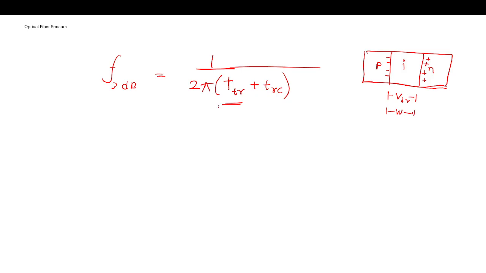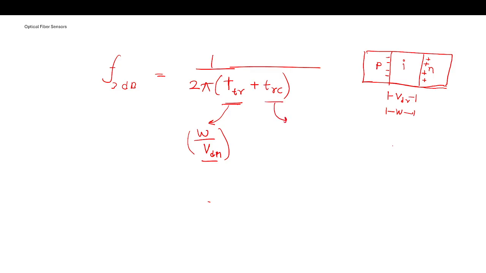So this time is directly correlated with the width and drift velocity, which is W by V drift. Okay, so W is the width of the depletion region, and V drift is the drift velocity.